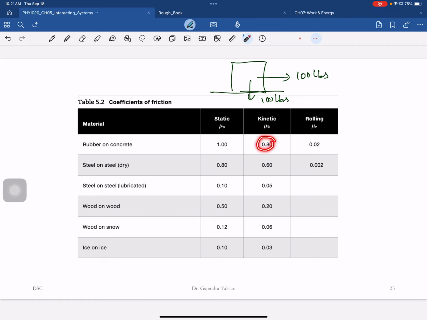And what this number tells you is you need 80 pounds to keep it moving once you start it moving. So that's what that number means. This is rolling friction. We'll come to that in a second.